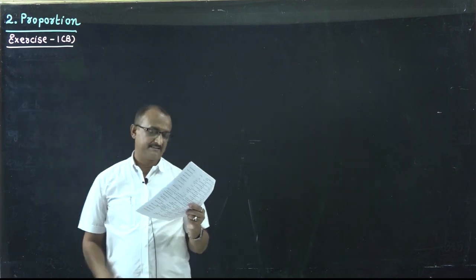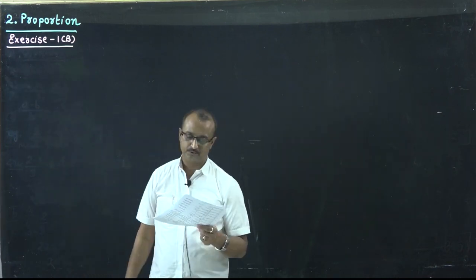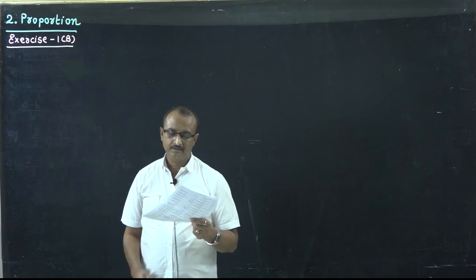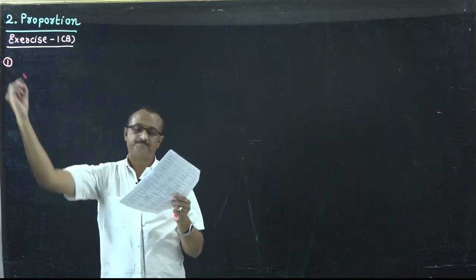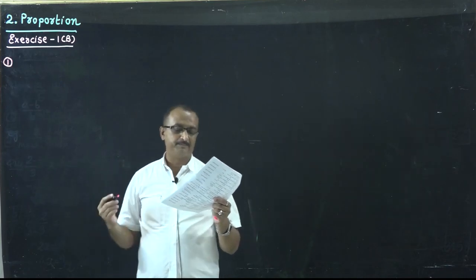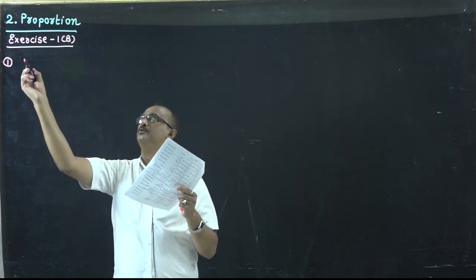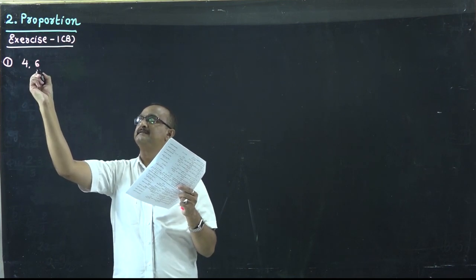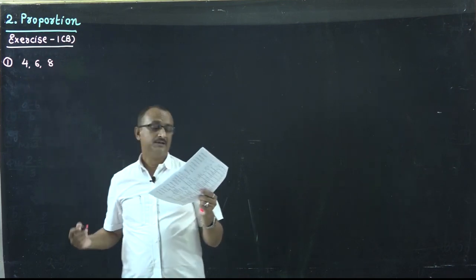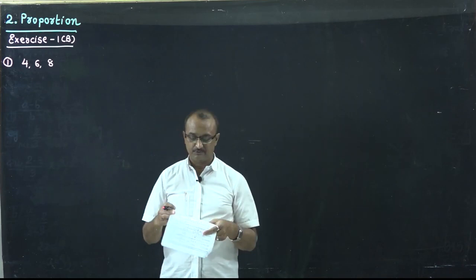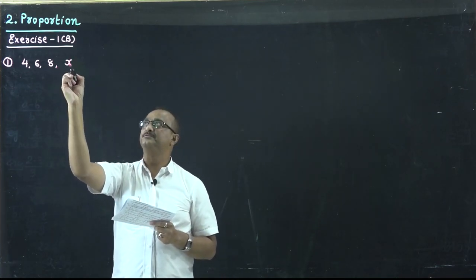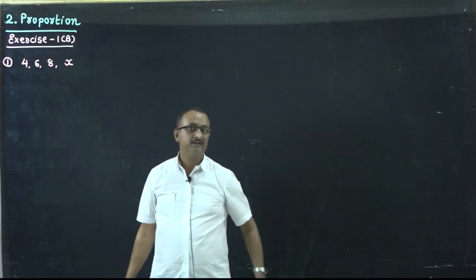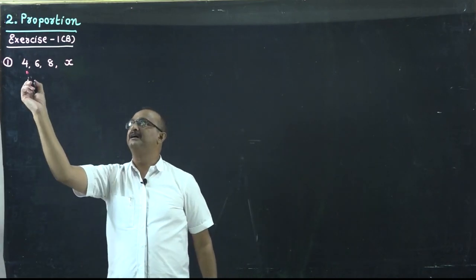Okay, now we are solving our exercise 1B of proportion. Question number 1: find the fourth proportional to 4, 6, 8. Question is asking for the fourth proportional. Let us assume that x is the fourth proportional. What is our formula?